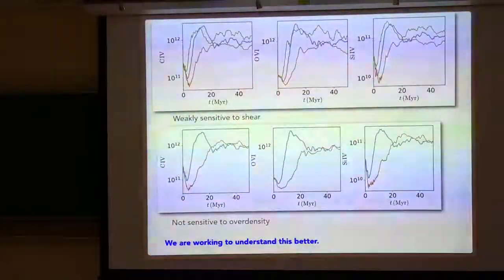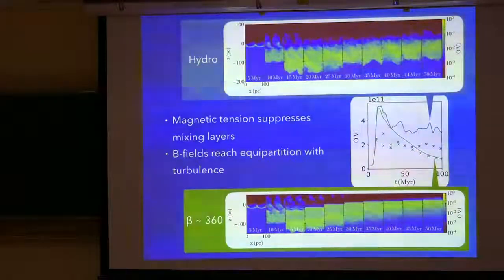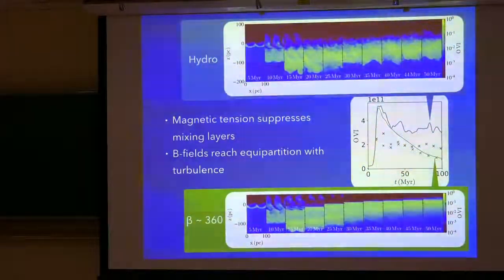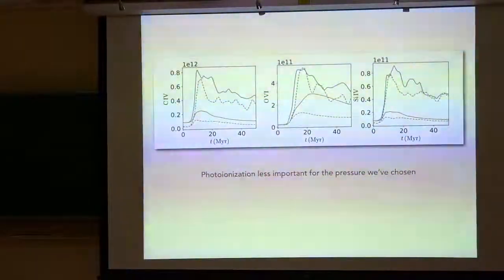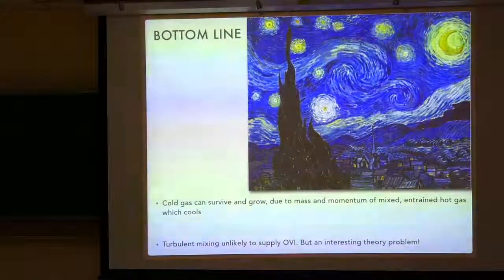Okay, there are lots of details that maybe only a mother would love, so I'm going to skip them. The main thing is, magnetic field does what you expect it to do. It gets amplified to close to equipartition and suppresses mixing. So it's looking very bad for this as an explanation for O6, but it's still a very interesting theory problem. Then, just to advertise that we can do photoionization.